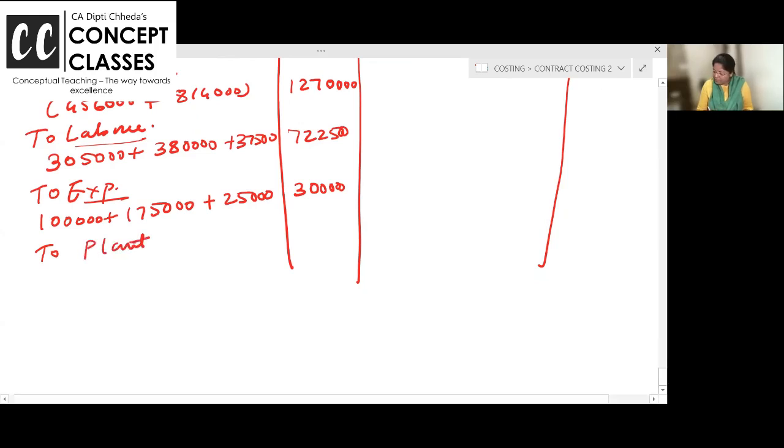To plant. Anyone in the class is looking at the screen, ma'am? कैसे आया? Ask me, I will re-explain. In expenses, again, I have skipped the prepaid for this year as it will go in the next year. So directly I have taken the closing outstanding for the next year. ठीक है? Plant purchased is 2,25,000.